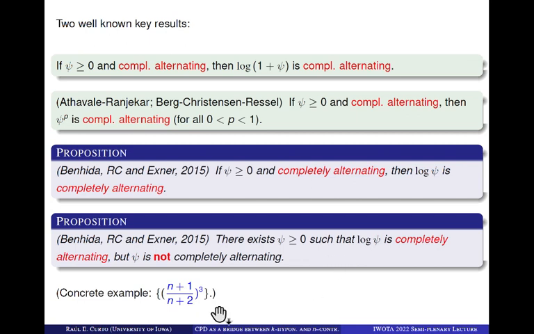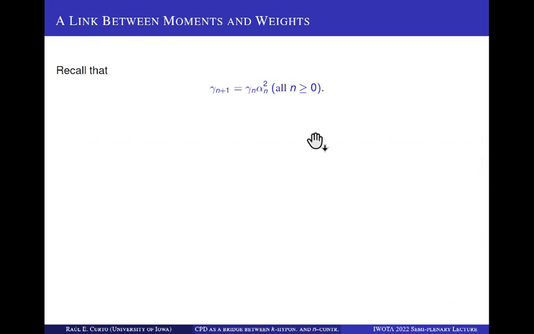It's a complete example right there, built out of the Bergman shift. There is a power 3, right? Okay, so here is the link between moments and weights. The moments are given by gamma n plus 1, and since they are given recursively, every time you multiply by the square of another weight, we can write it in this form. It's akin to the formula for the factorial of a number, right?